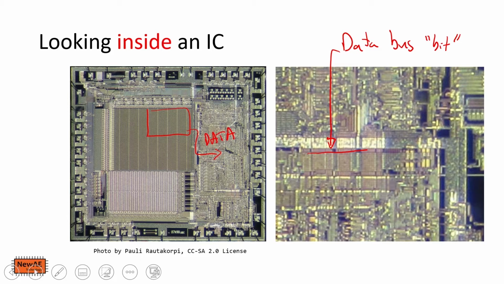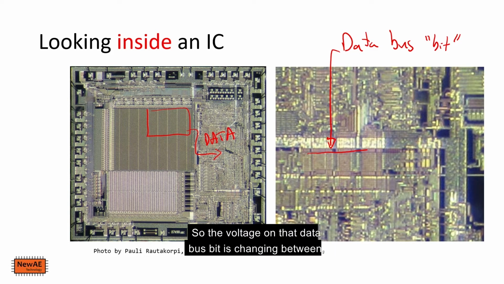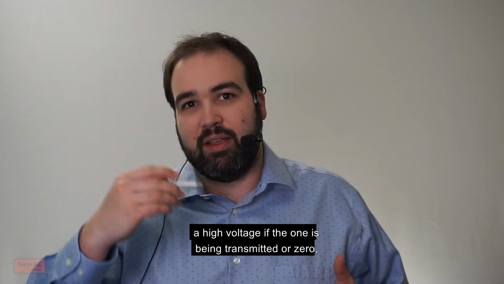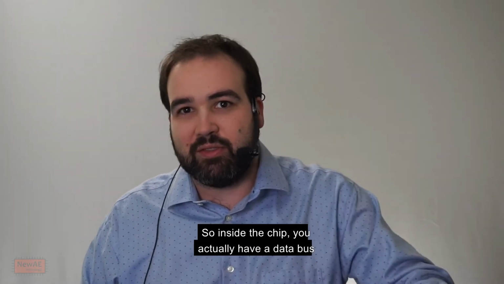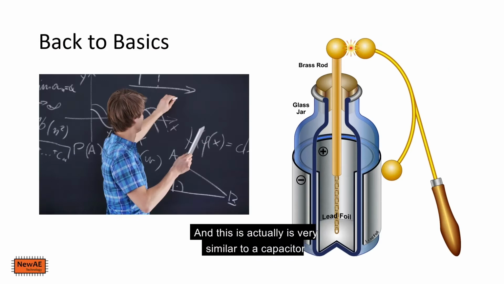is effectively being set to a high or low voltage. So the voltage on that data bus bit is changing depending on whether a 1 or a 0 is being transmitted. And this is internal to the chip itself, transferring the data around on the chip.